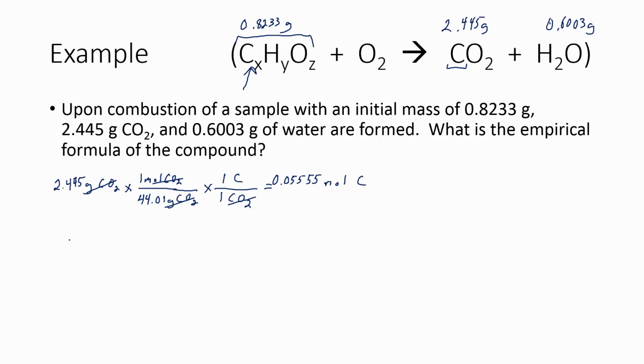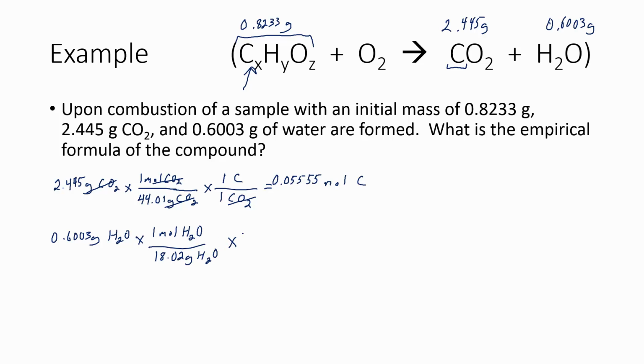Good. Let's do the same thing with hydrogen. 0.6003 grams of water. Go to the periodic table and find the molar mass of water to be 18.02 grams for every 1 mole.